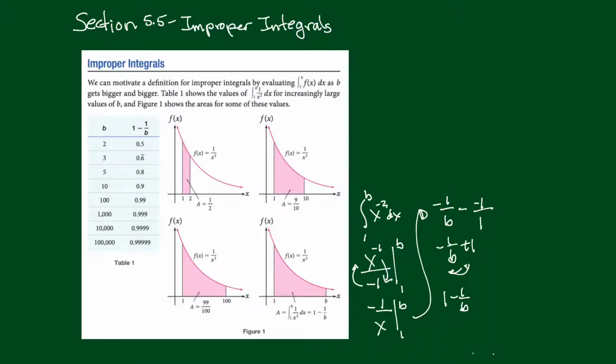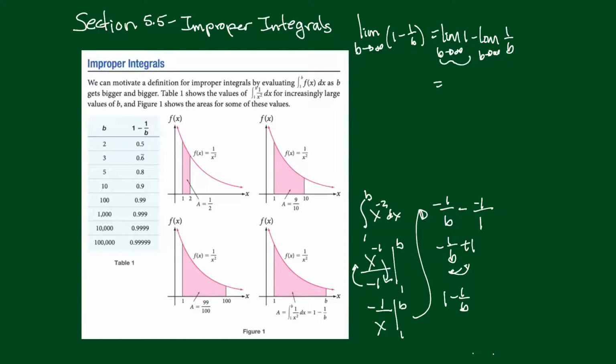So what we're looking at here now is this. What is the limit as b goes to infinity of 1 minus 1 over b? Well, this is going to be the limit as b goes to infinity of 1 minus the limit as b goes to infinity of 1 over b.